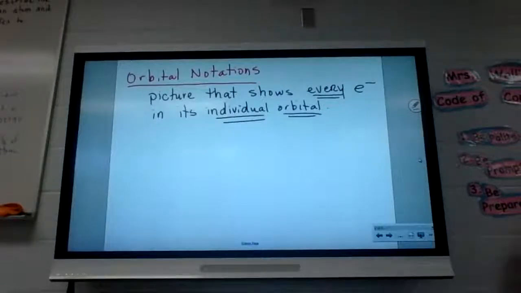Okay? That's why this is a bit of a pain. Now, in order to draw orbital notations or electron configurations, we have to learn to draw a chart.